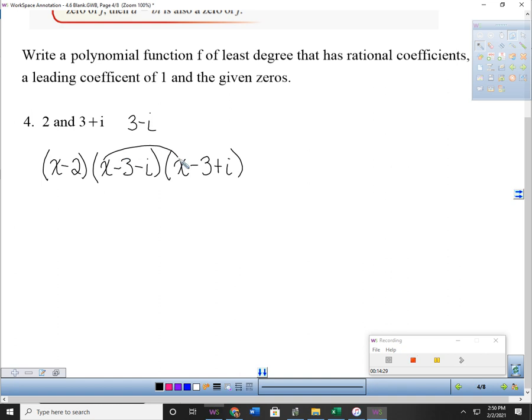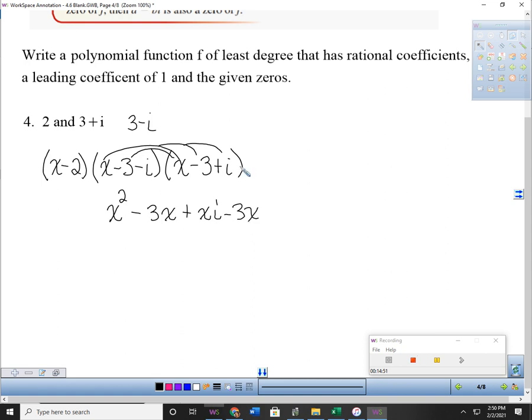So I've got x times x is x squared. X times negative 3 is negative 3x. And x times I is xi. Then we've got our negative 3 times x is negative 3x.